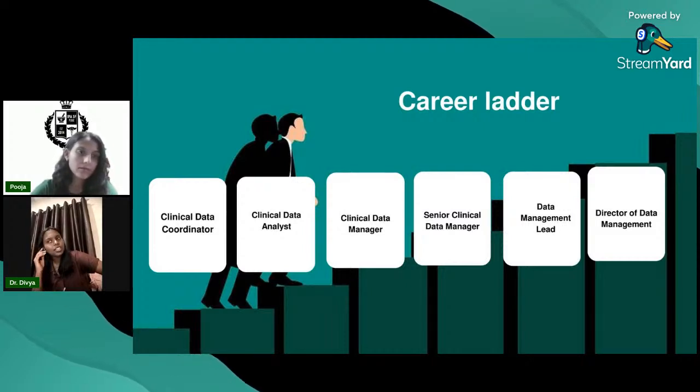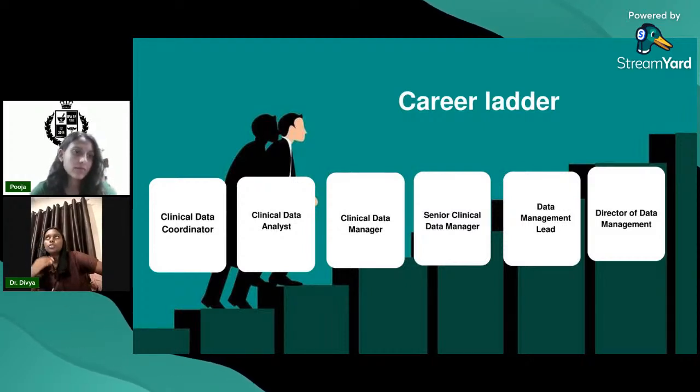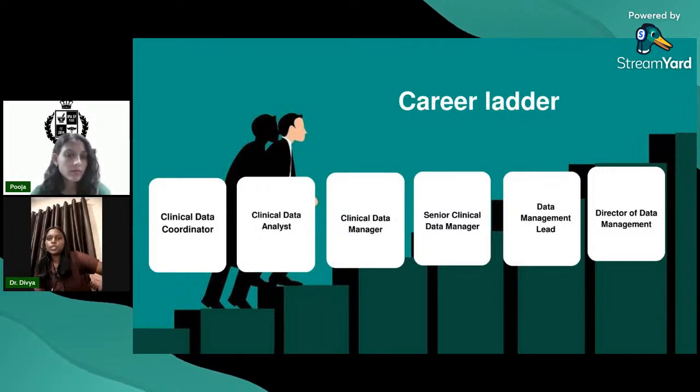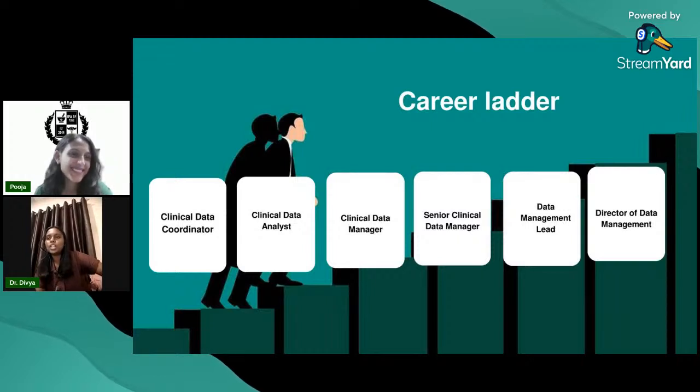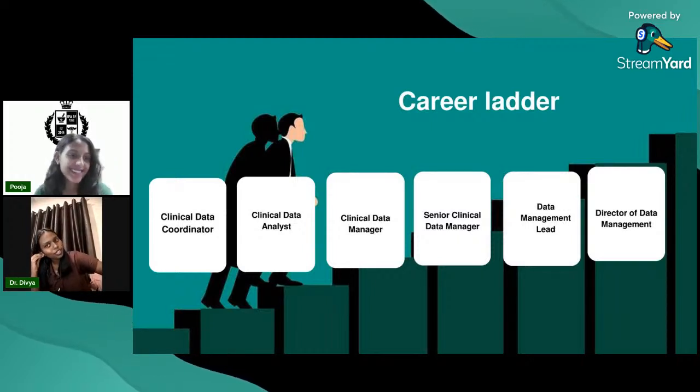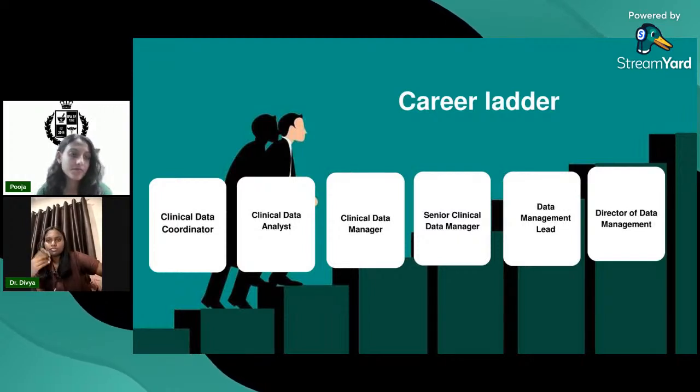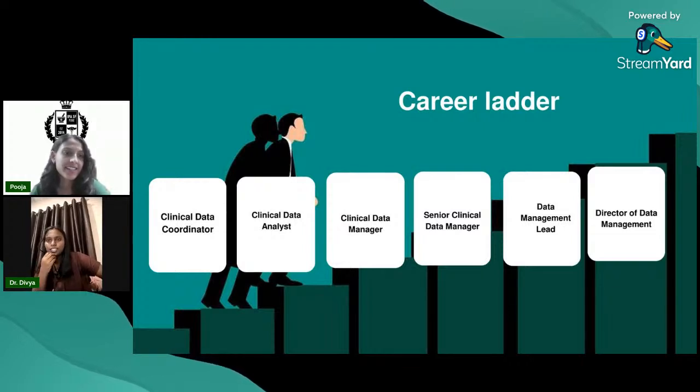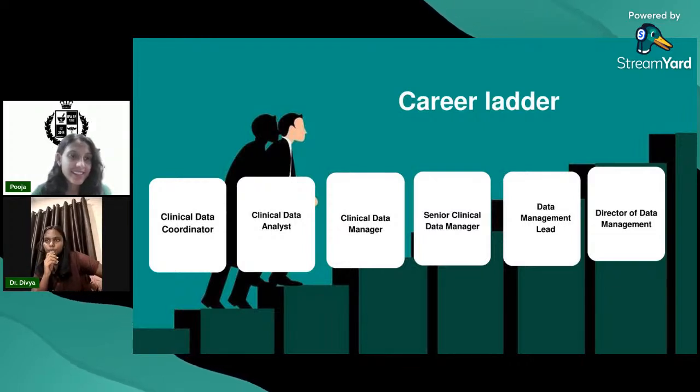When you see opportunities to go higher and higher, you tend to like that field or have interest in it. You can just Google it and find these posts. But when you know there is a chance to grow, it's a human tendency to go there. That's why I kept this slide. So next slide, please.